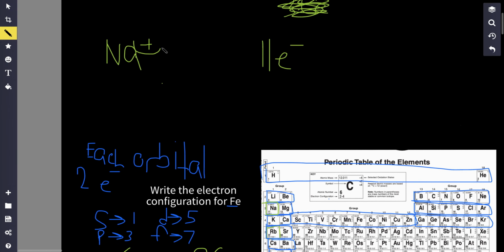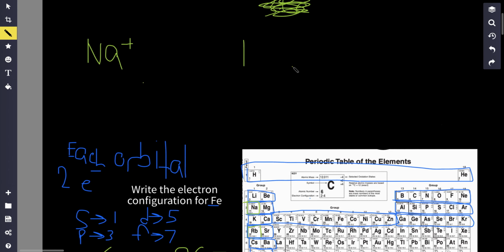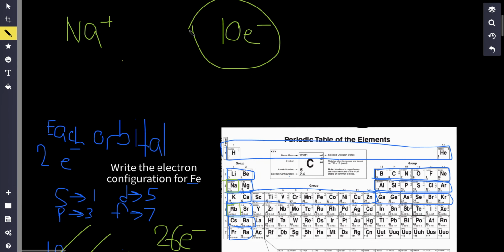Because this is a Na plus ion, it's actually only going to have 10 electrons, because it gave one of its electrons away to another atom, so it became positively charged because it lost a negative charge. So we only have 10 electrons to work with.